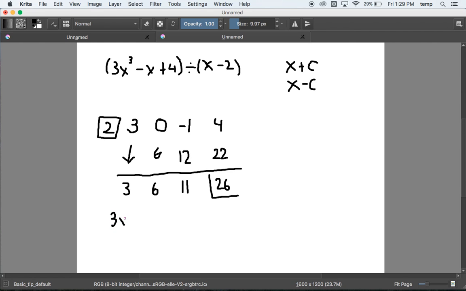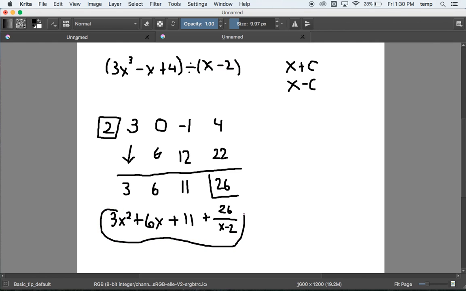We have 3x squared plus 6x plus 11 plus our remainder, which is 26 divided by x minus 2. So to get your remainder, you just take whatever number's in here and then divide it by your divisor. And that's it, simple as pie.